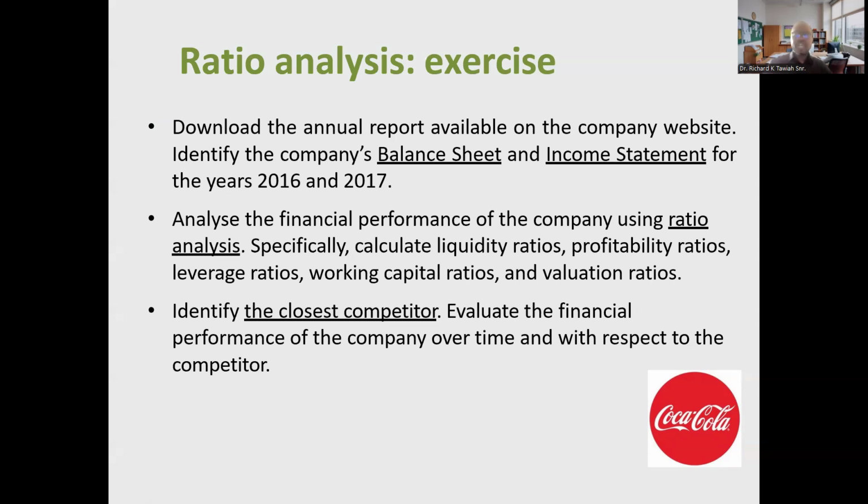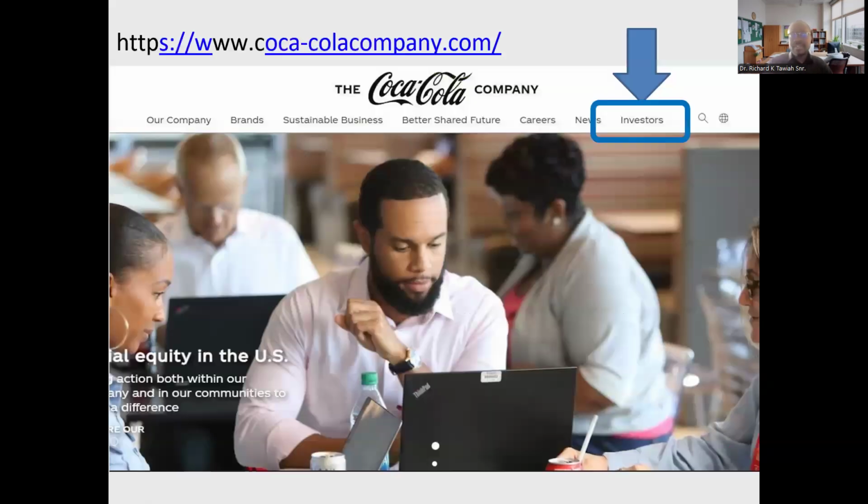We'll do all these five categories: the liquidity ratios, the profitability ratios, the leverage ratios, working capital, and valuation ratios. Who is their closest competitor? So if you take Coca-Cola, you can go for PepsiCo, right? And evaluate the performance of that same company over time and compare. That's it, okay? Compare. So do this ahead of time.